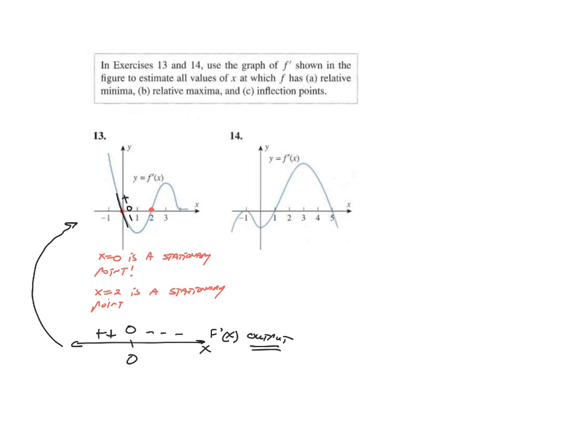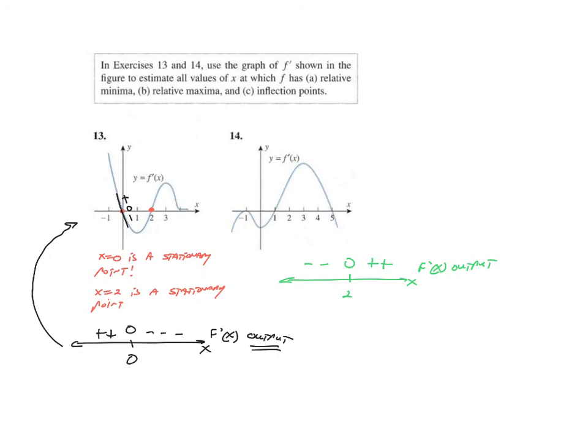So similarly, if I look at this one, x equals 2, f prime output, 0, to the left of 2 it's negative, to the right of 2 it's positive.